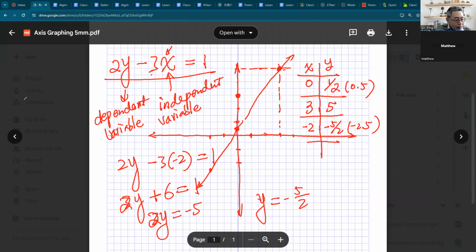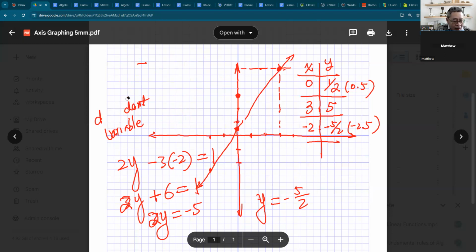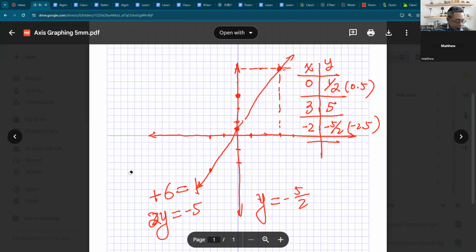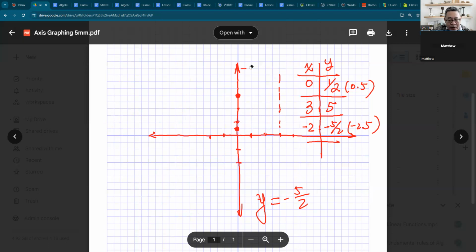Now with that, we can actually use the XY coordinate to help us solve system equations. And that's something we reviewed last time. Now, remember system equations, how many ways can we find the solution?